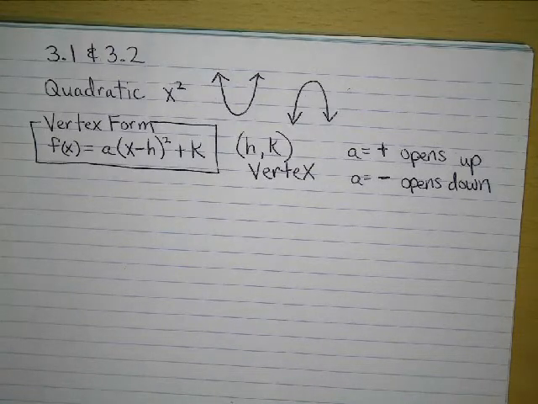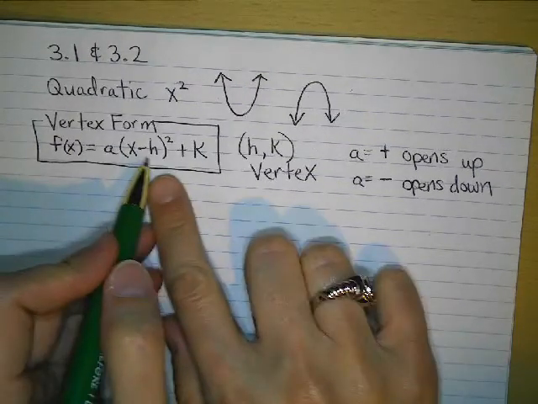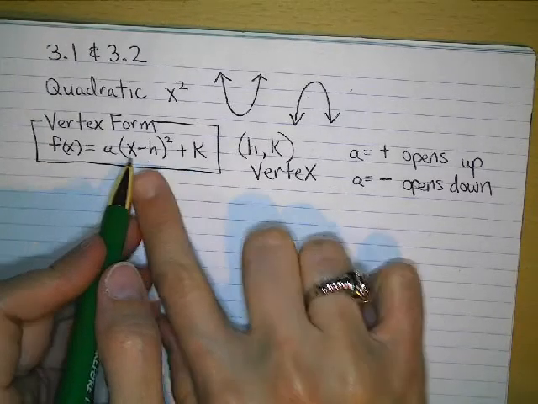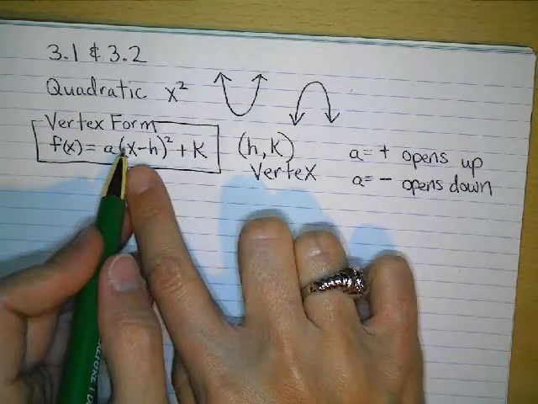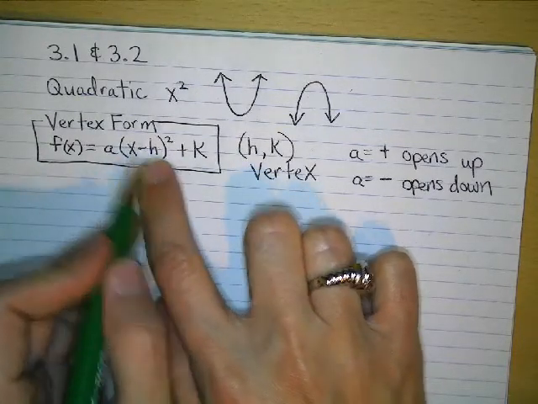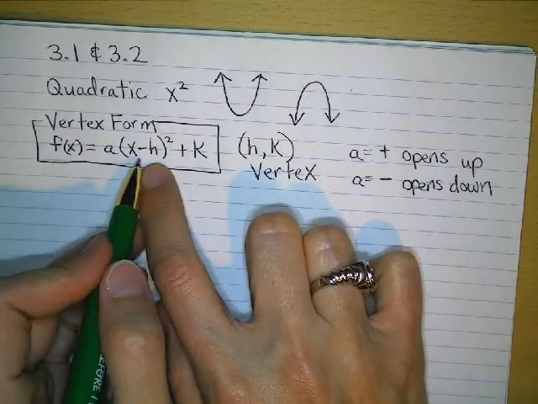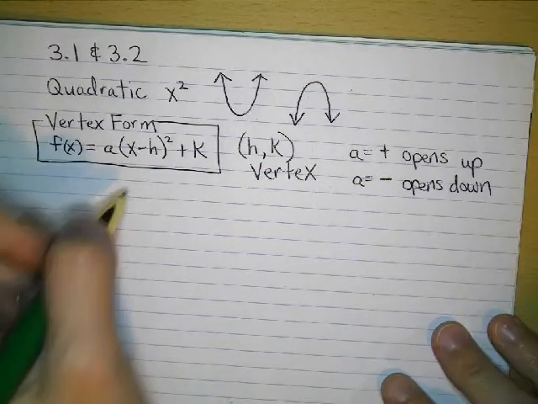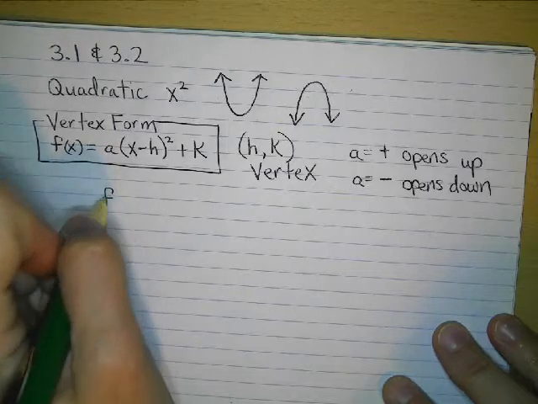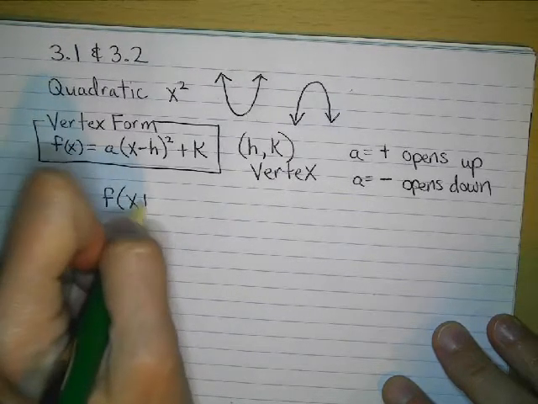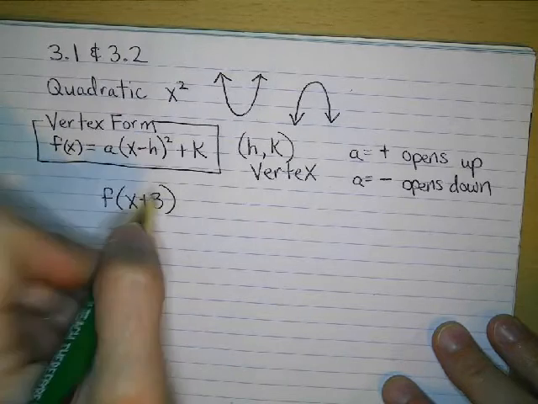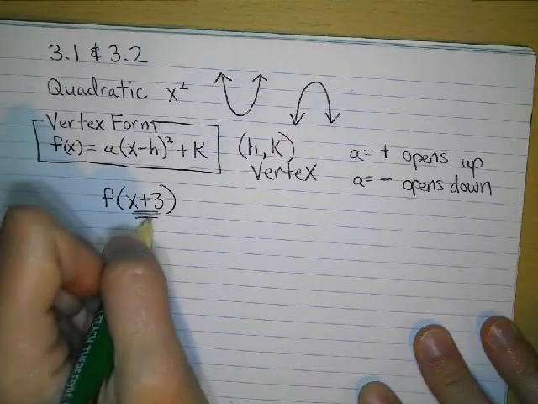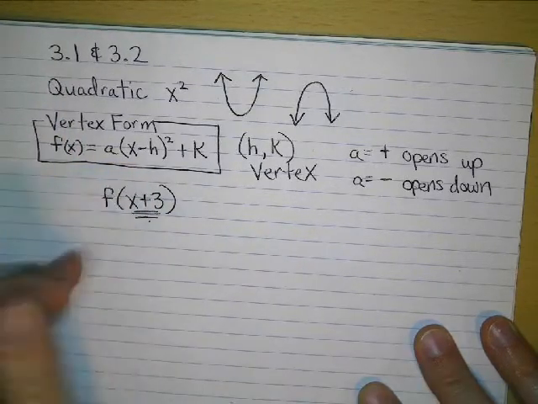Now, they'll ask you some things about where this would be on a graph, or name the vertex. We've seen that before, that when they have a number inside of the parentheses, the graph can move left and right. Like I know you've seen before with function notation, when it's f of x plus 3. Well, you see the parentheses, and that generally means the graph is shifted horizontally.